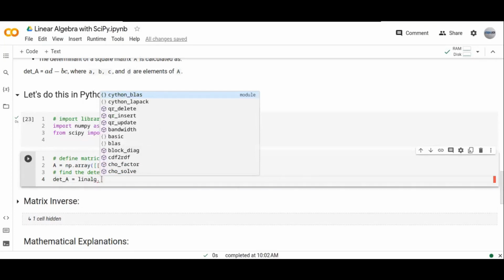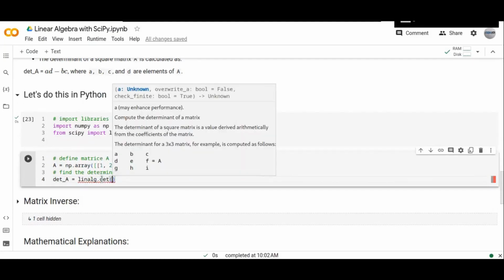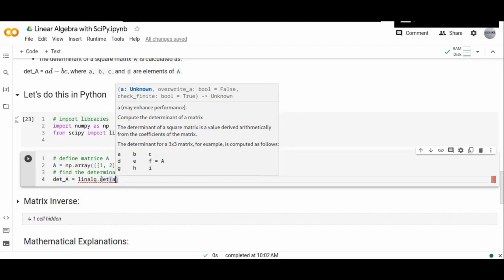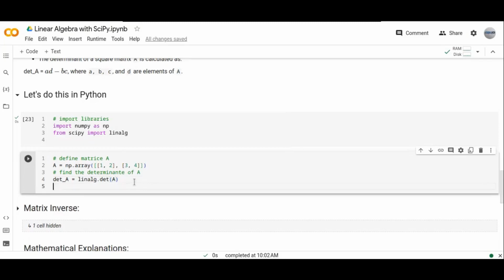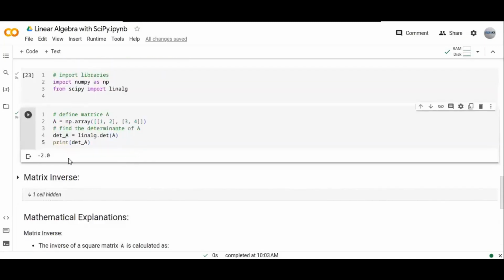SciPy provides this function that is used to find the determinant, and we use the det function and pass that square matrix to it. Now we can see the result, the determinant of matrix A. That is -2.